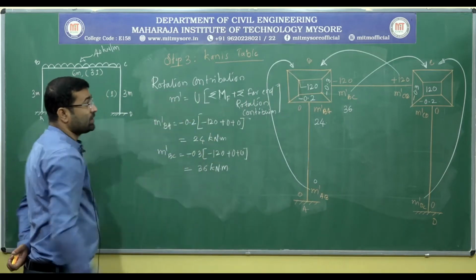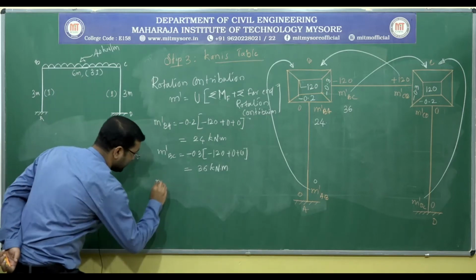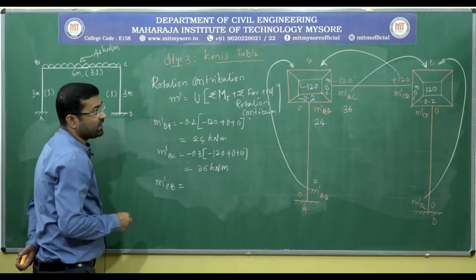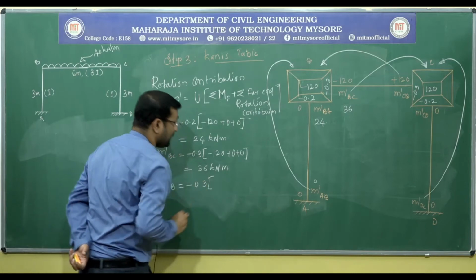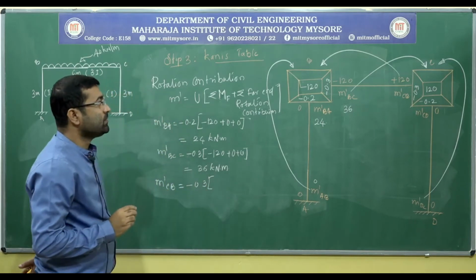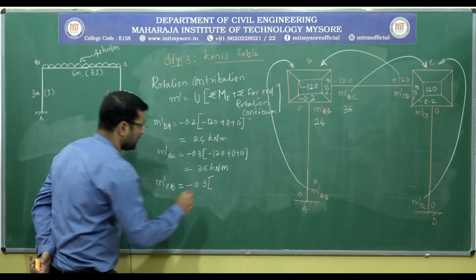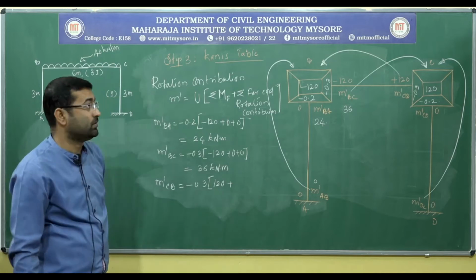Next, the rotation contribution at the joint C, that is m dash CB. M dash CB is equal to the rotation factor, minus 0.3, into the algebraic sum of fixed end moments, plus 120, plus the far end rotation contributions.